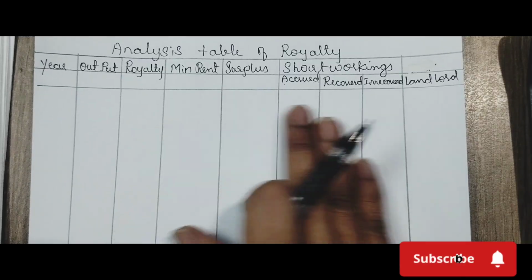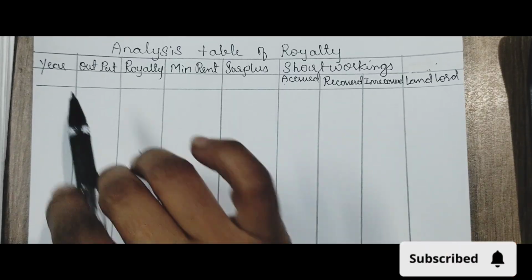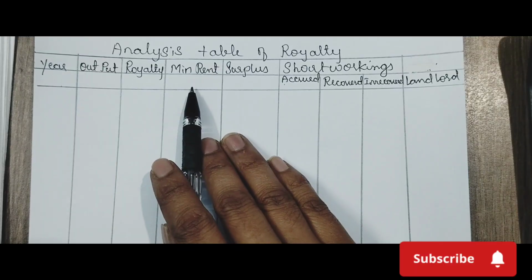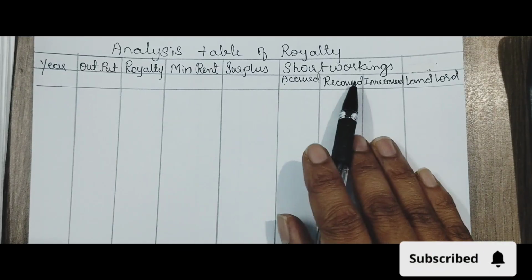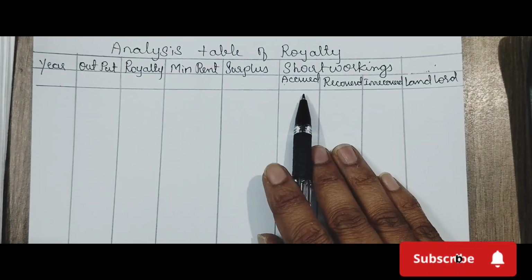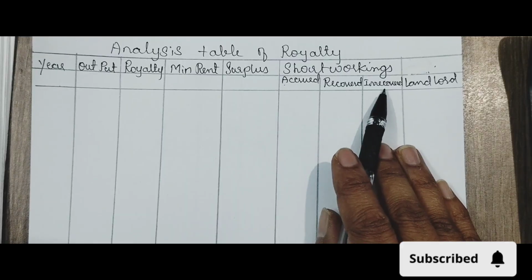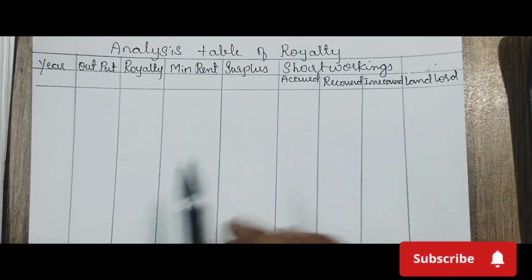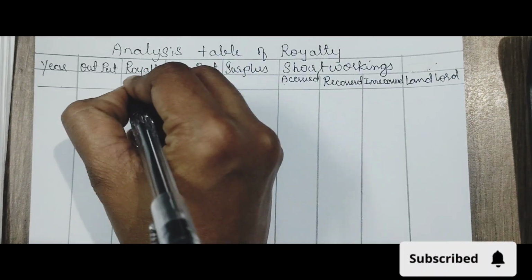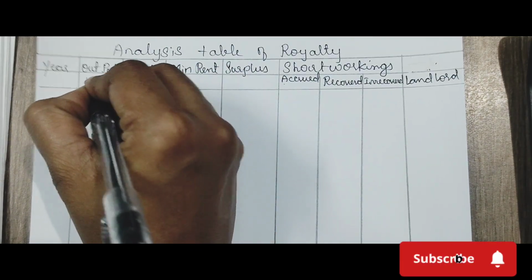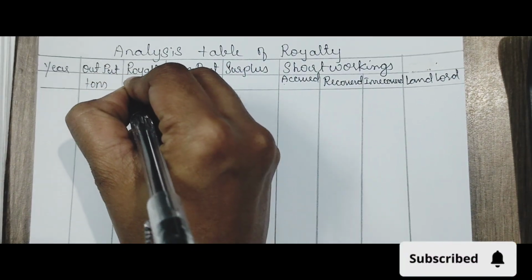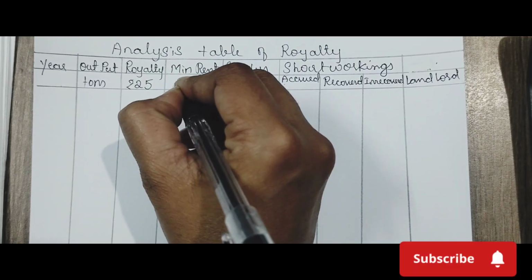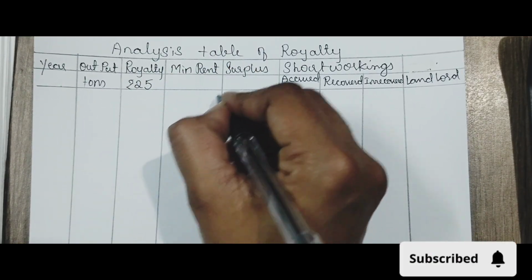So this is the format for the analysis table: year, output, royalty, minimum rent, surplus, short workings, occurred, recovered, irrecovered, and payment to the landlord. Here, royalty will be given. Output is given in tons. Royalty is rupees 25 per ton. Minimum rent is the fixed rent or a dead rent.